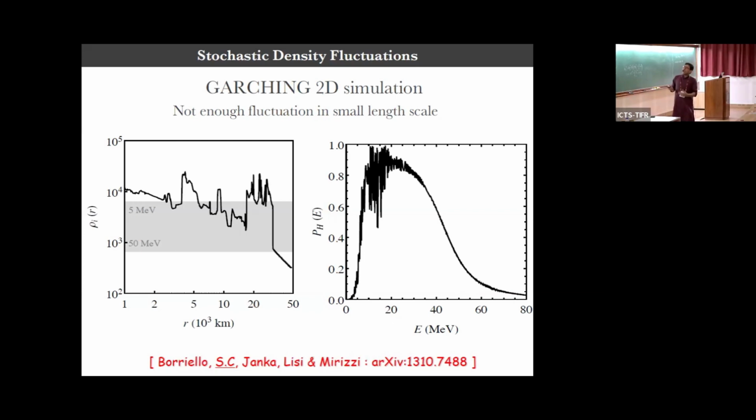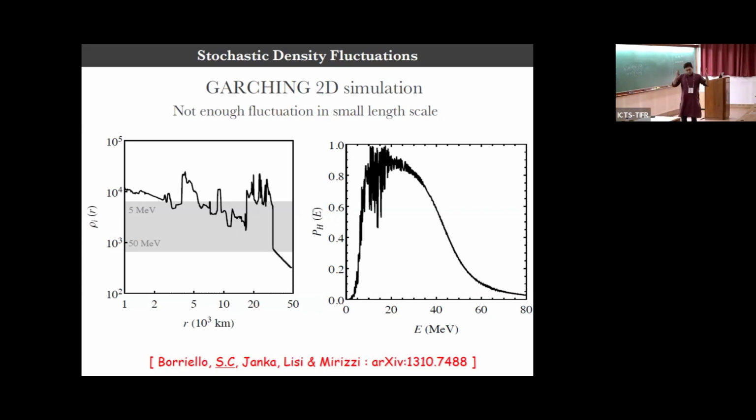Whatever we had, we looked into that, but what we found is that there is not enough fluctuation in the small length scale because of the precision of this simulation data. I don't remember exactly, but maybe this was of the order of a few tens or a few hundred kilometers at which they are keeping the data.